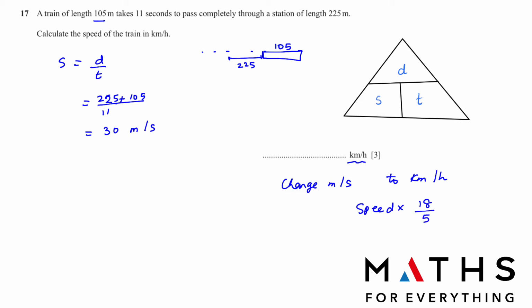And if you want to change kilometer per hour to meter per second, you multiply your speed by 5/18. So this will be 30 multiplied by 18/5. You will get 108 kilometer per hour. Just write it down a few times so that you memorize it and you don't forget it ever.